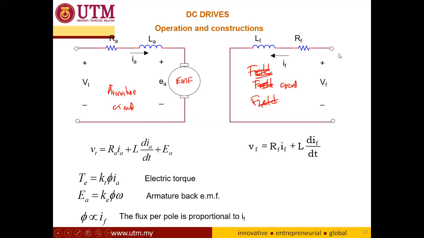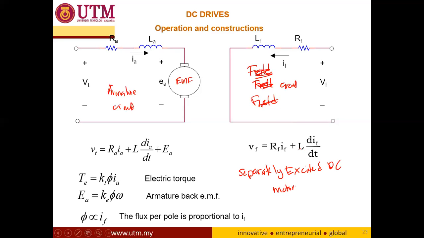So this field circuit is actually used to assist in producing the torque. This type of DC motor is what we call a separately excited DC motor, because DC motors have several types.